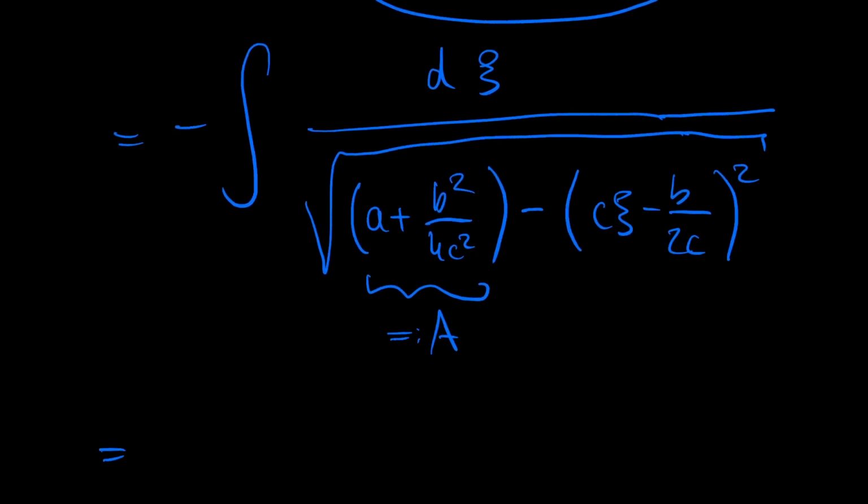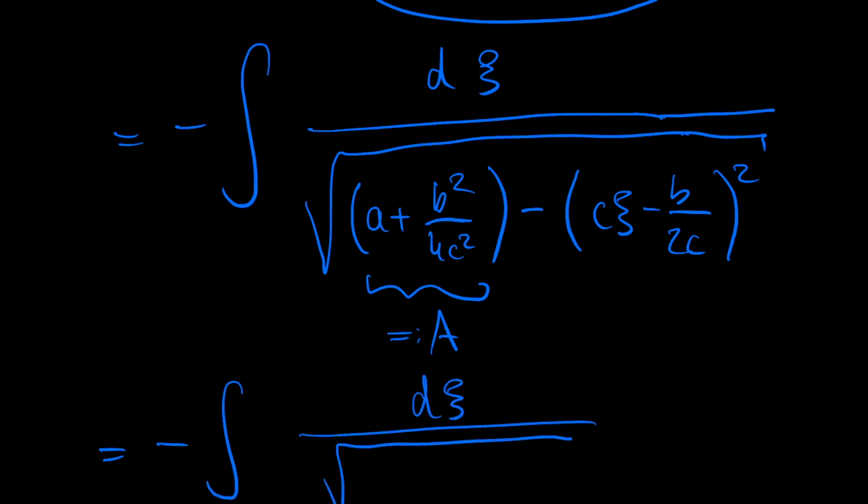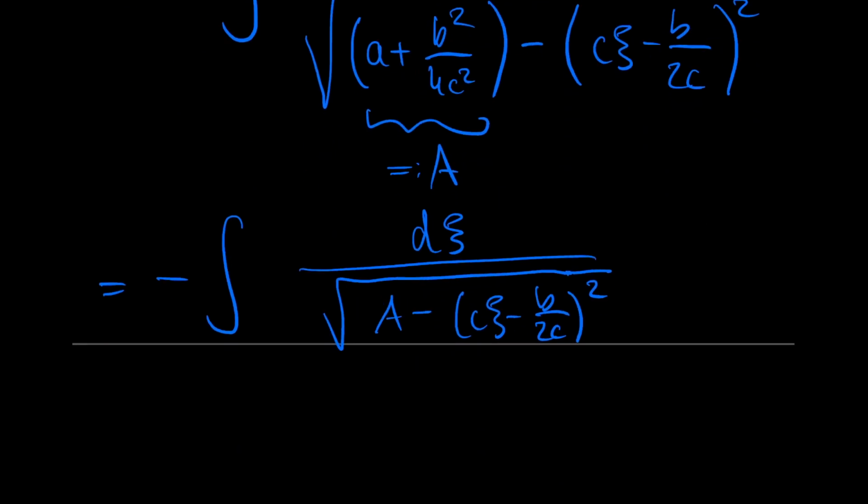And then what we write is minus the integral of d psi divided by the square root of a minus c psi minus b divided by 2c and the whole thing squared. And now we can extract the square root of a.